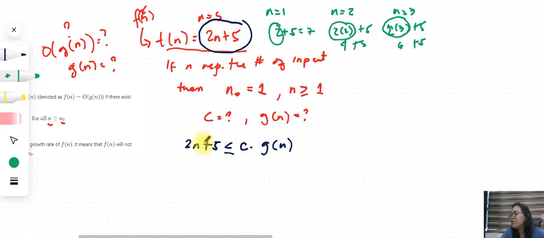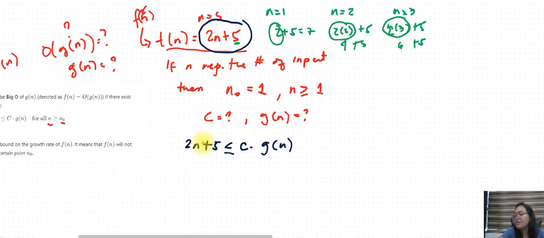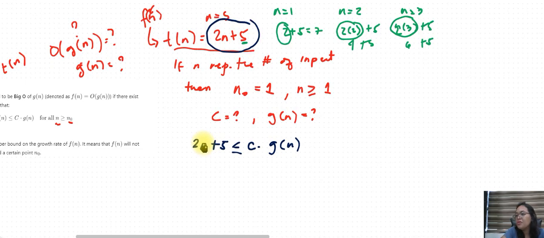So, as your n increases, this term also increases. Diba? As n is equals to 1, it should be 2. When n is equals to 2, it should be 4. Your constant, however, as its name suggests, did not change anything. Constant lang gihapon siya. So in this case, your fastest growing term here is your 2n.